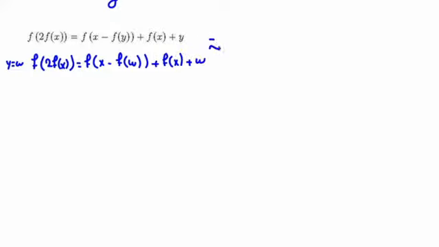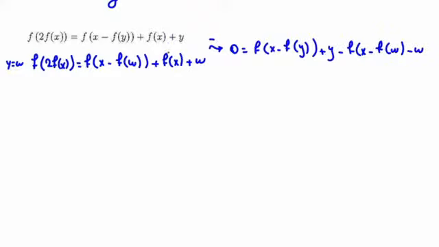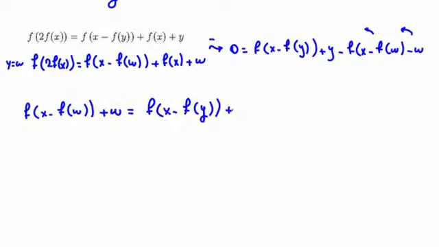Now if we subtract, left side will be 0, right side will be f of x minus f of y plus f of x plus y minus f of x minus f of w minus f of x plus w. And f of x will be cancelled. So if we take these two things to left hand side, we conclude that f of x minus f of w plus w equals f of x minus f of y plus y. So we could get rid of this complicated term.